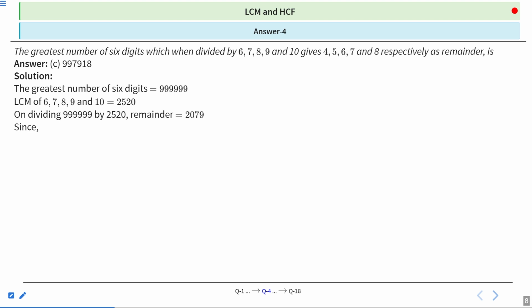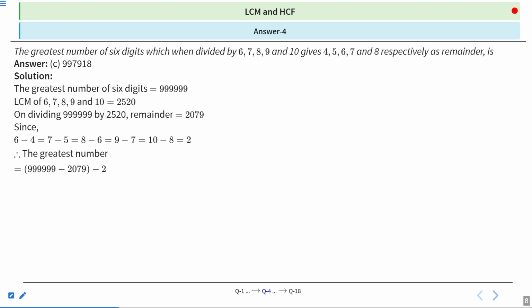So since the difference of 6 and 4, 7 and 5, 8 and 6, 9 and 7, and 10 and 8 is uniform, that is 2, the greatest number is going to be 9,99,999 minus 2,079 minus 2.